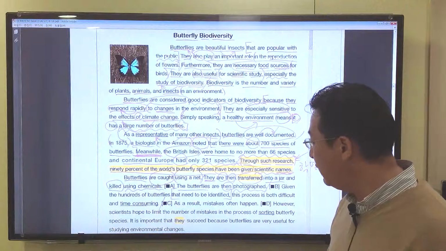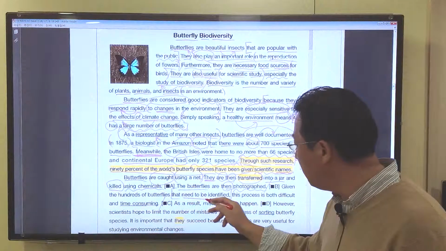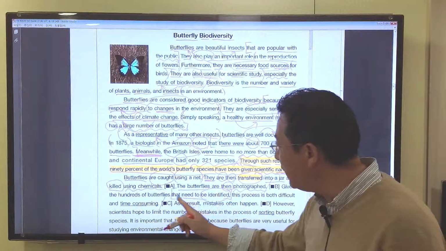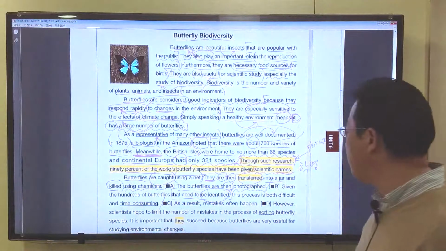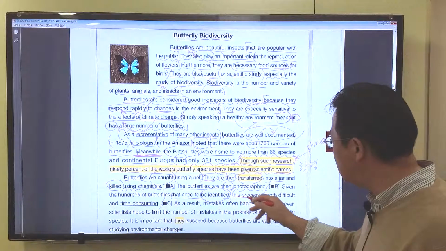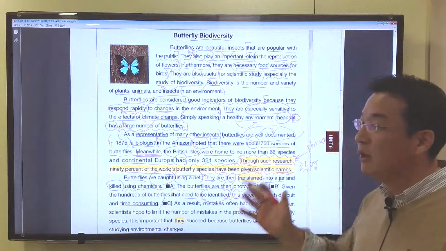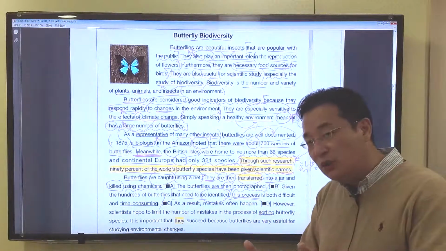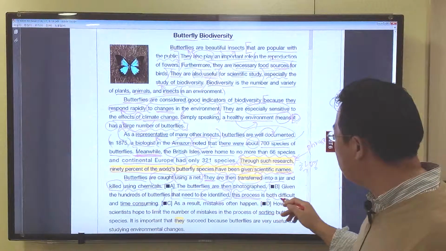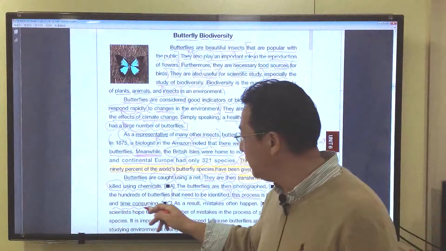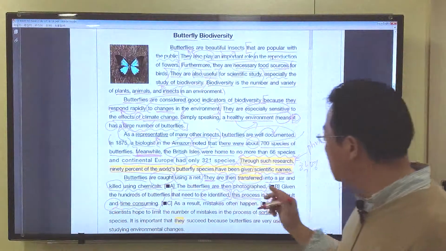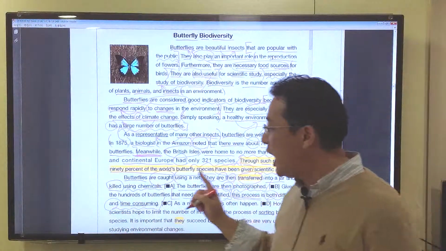Need to be identified. 어떤 종인지 need to be 그러면 뭐가 필요하다는 건데 be identified라면 확인되는 것이 필요한 그 수백 마리의 나비들이 있다고 봤을 때 이 말입니다. 그죠? This process, 어떤 process? 이렇게 나비를 잡고 통에 넣고 화학물질을 이용해서 죽이고 사진을 찍고 하는 그 모든 이런 과정들이 is both difficult and time consuming. 자, both A and B라면 둘 다라는 말이죠. 그죠? 그래서 이러한 과정들은 어렵고 또한 time consuming.